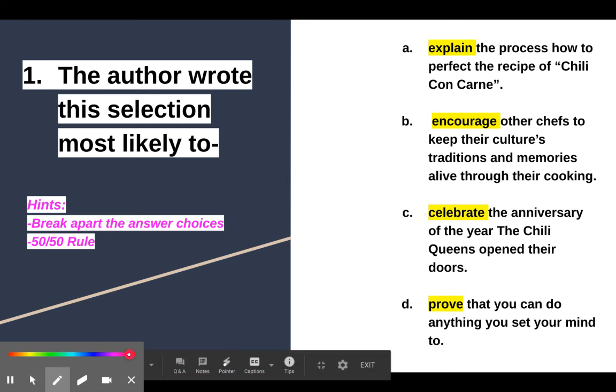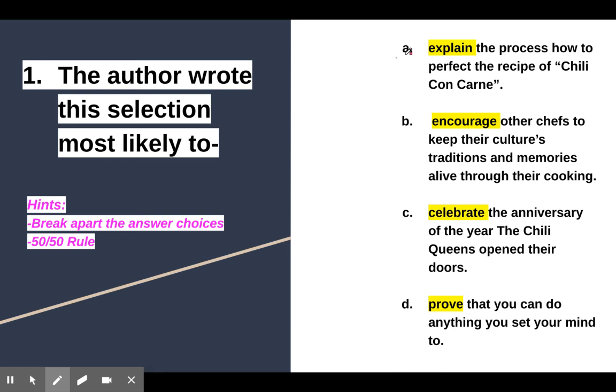Let's go ahead and use the color red. Now I'm going to go ahead and mark off answer choice A. The author did not write this passage to explain the process how to perfect the recipe of chili con carne. In fact, there really isn't anywhere in the article where the author explains the recipe.